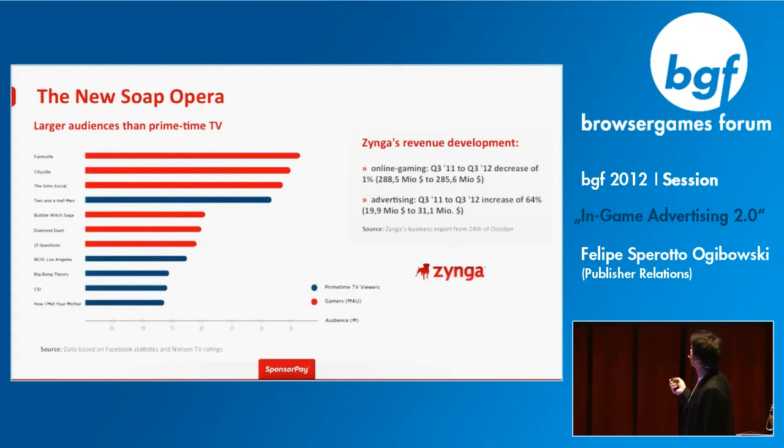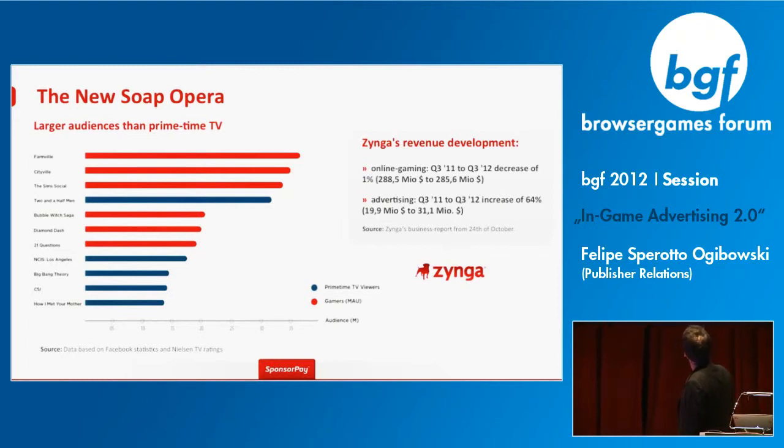And you can see that Farmville has a lot more audience than they do, even though advertisers are paying millions and millions of dollars and euros every year to be displayed for 30 seconds within those sitcoms, when most people just stand up and go grab a beer or eat something, go to the restroom, whatever.